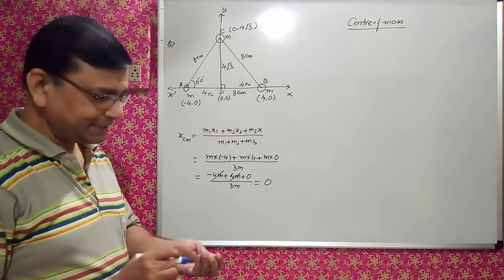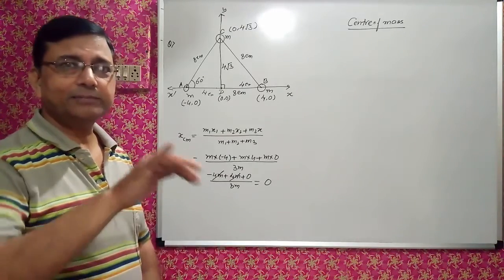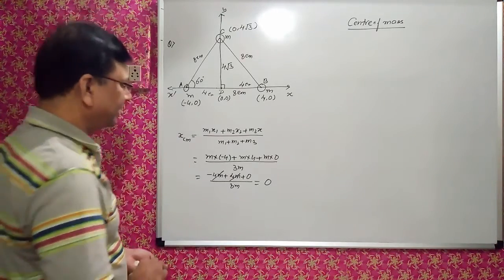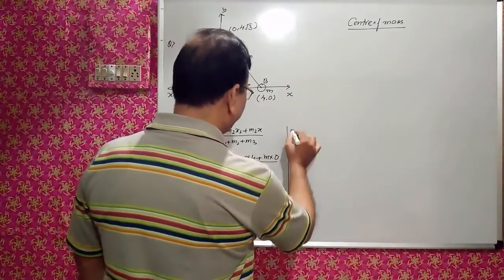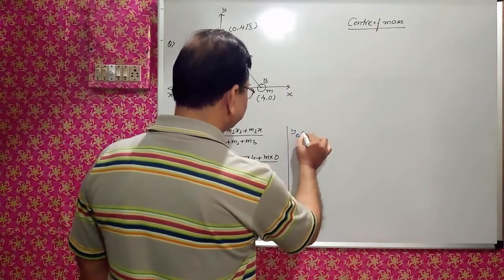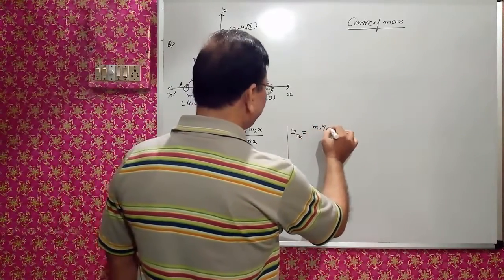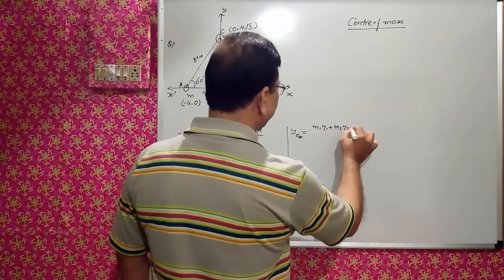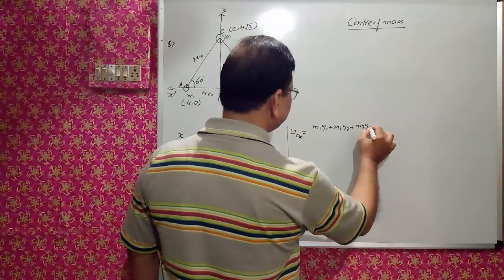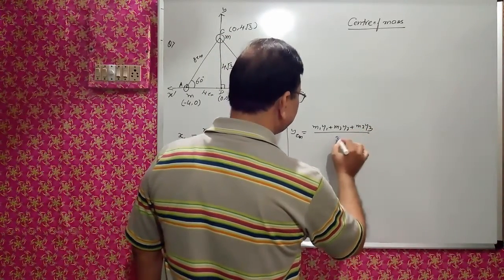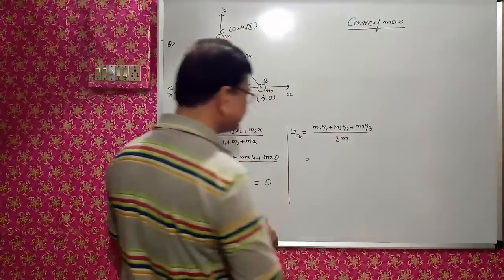If the reference axis is changed, the x coordinate of the center of mass changes. Now we will go for the y coordinate. YCM is equal to what? In the same way, m1 y1 plus m2 y2 plus m3 y3 upon 3m, the total mass.